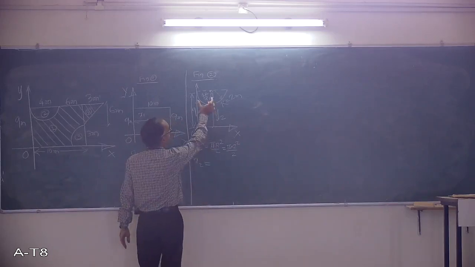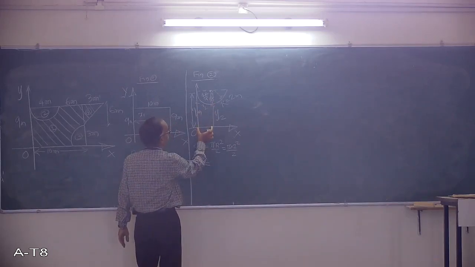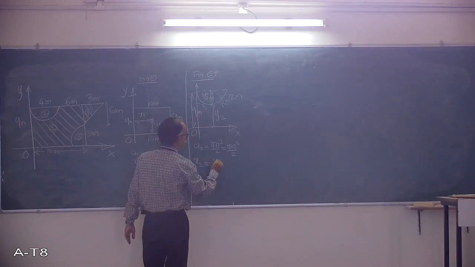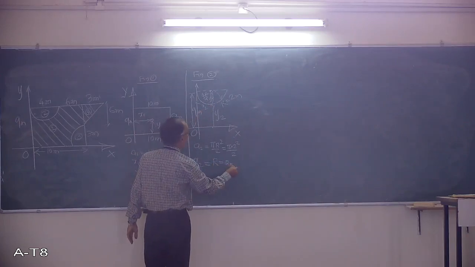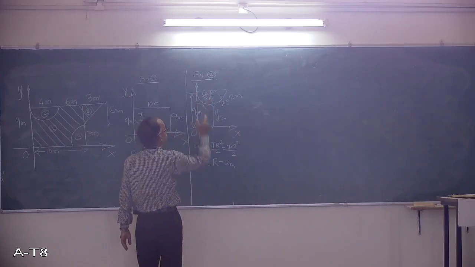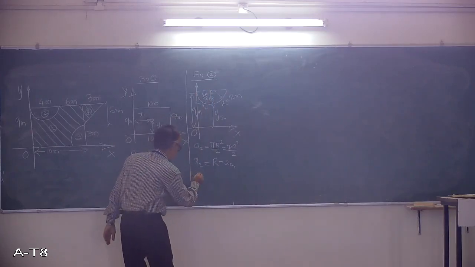x2 is parallel to the x-axis, that is the radius. So this is equal to this, that is the radius, 2 meter.